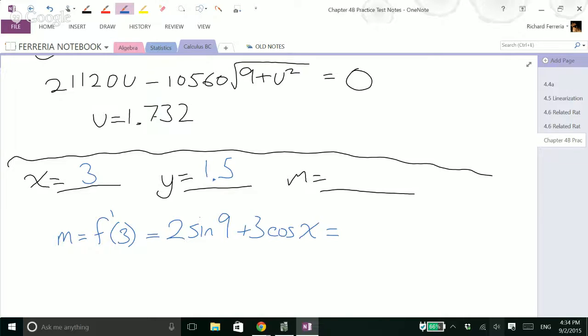Let's get a number for that. Oh, what am I doing? 3 cosine 1.5, yeah. We have a number. 1.036.